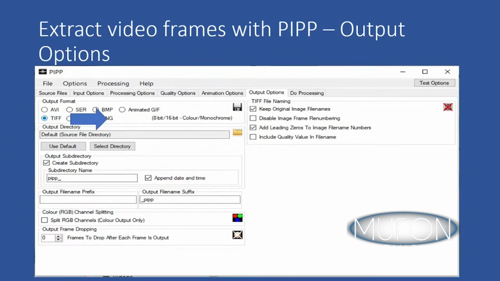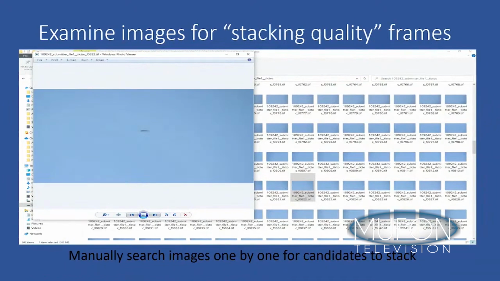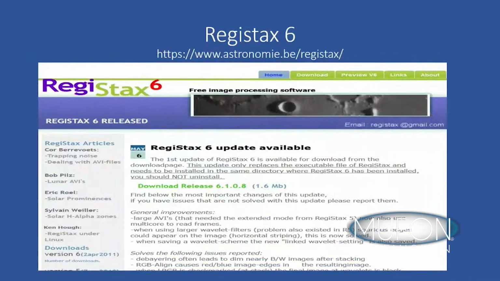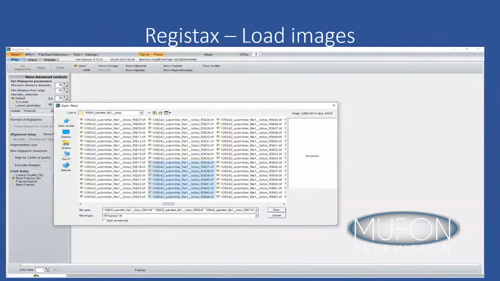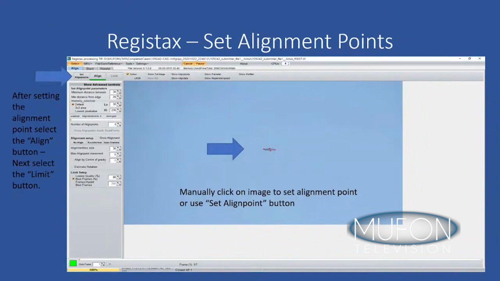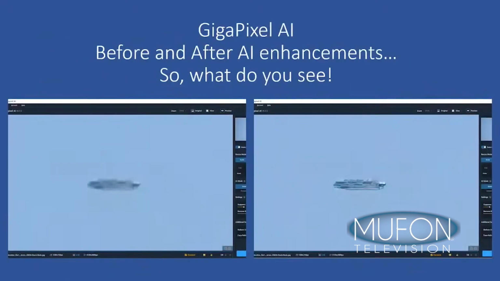He extracted each frame that was clear enough to stack, and then he basically laid them all on top of each other with Registax. And then he aligned each photo so that it would overlay the object perfectly. That's the first image, that's the second image.